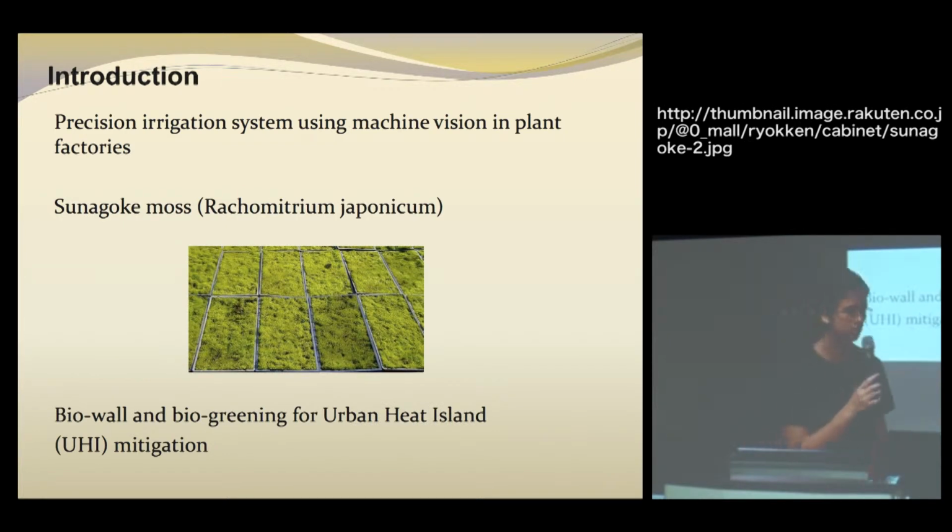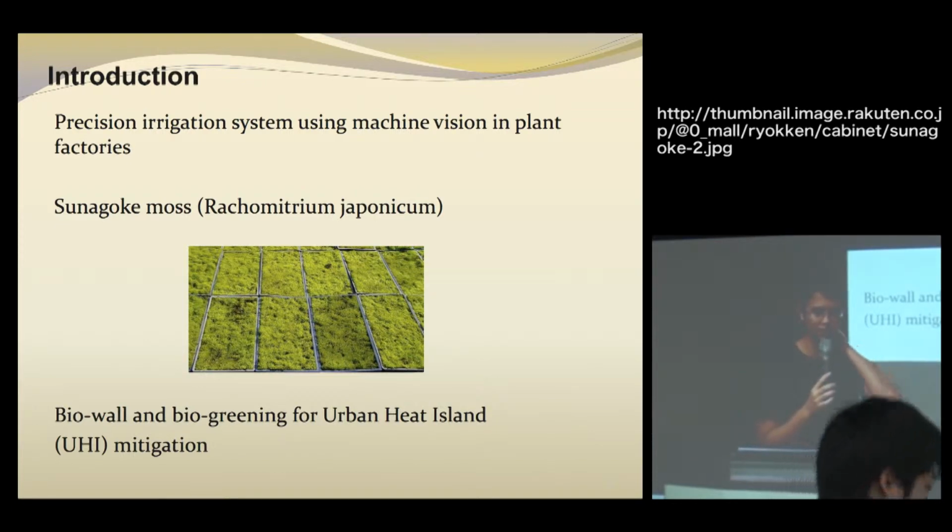First, you can see that in agriculture, we need to automatize the irrigation system. For this purpose, there are some precision irrigation systems using machine vision in the plant factory. In this paper, they choose to implement the precision irrigation system on the Sunagoke moss. The real name is Racomitrium japonicum.